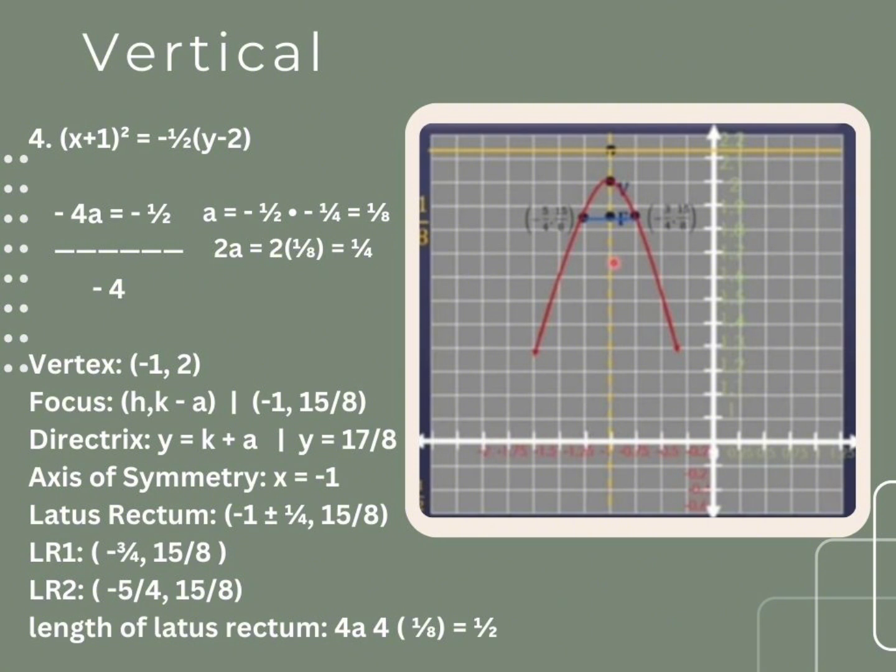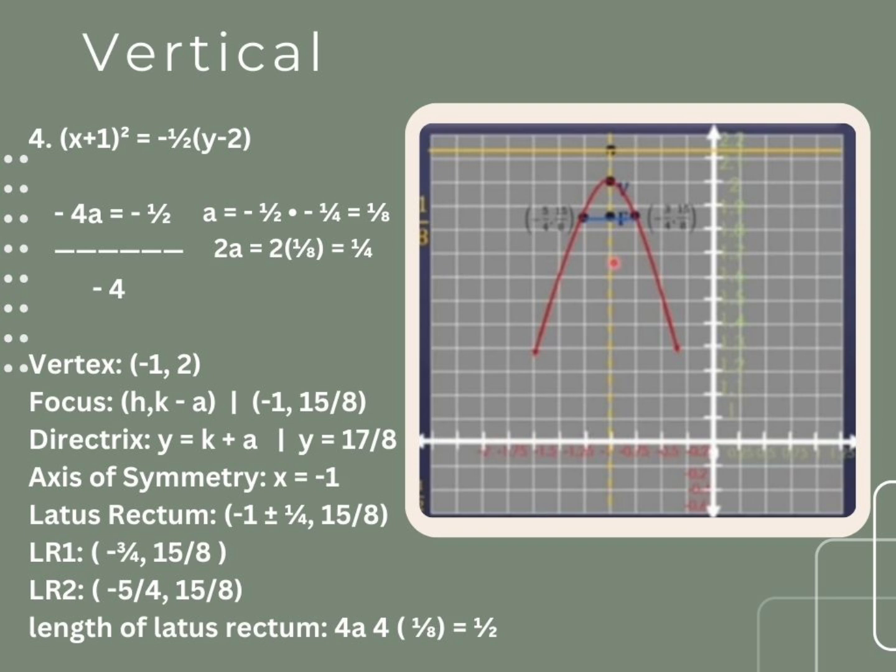Now, the latus rectum, which is horizontal through the focus. To find the endpoints: latus rectum 1 is (h + 2a, k + a) = (-1 + 2(-1/8), 15/8) = (-5/4, 15/8).